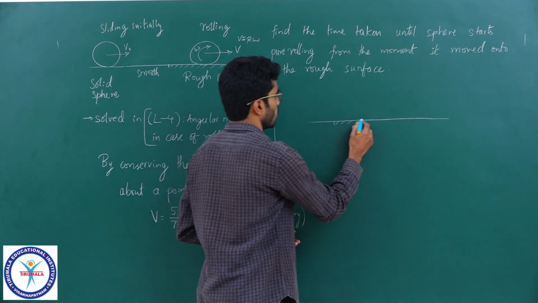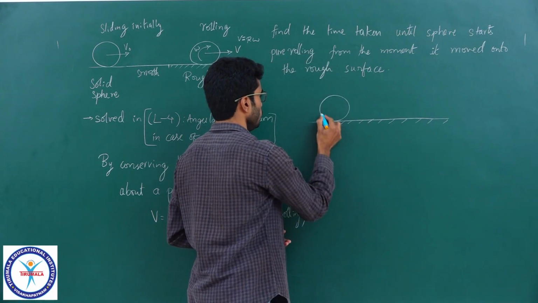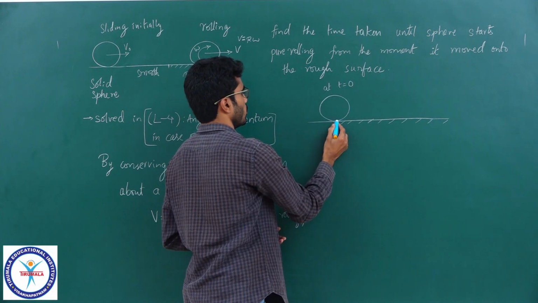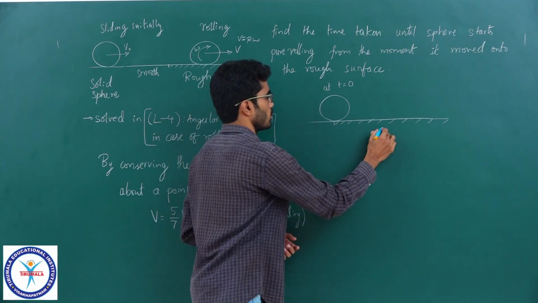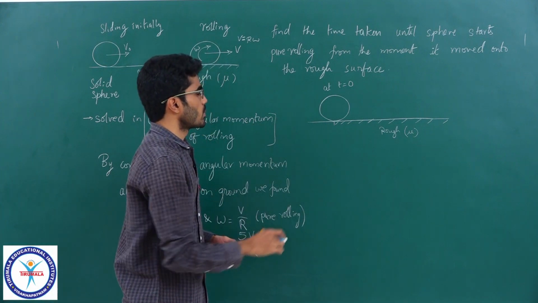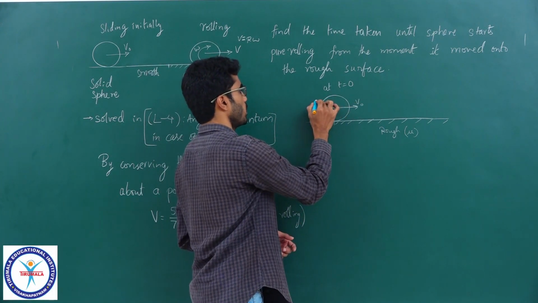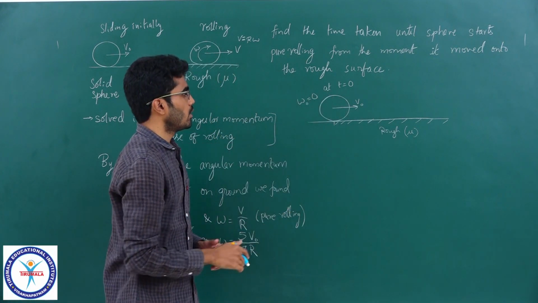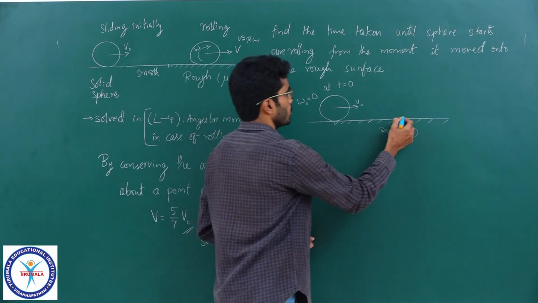So let us discuss this problem. Let's see what happens when it moves on to the rough surface. Let us say at t equals 0, it is at this location. Even at this moment it has some linear speed and the angular speed will be 0 because it was just sliding. Now the friction starts to act on this.